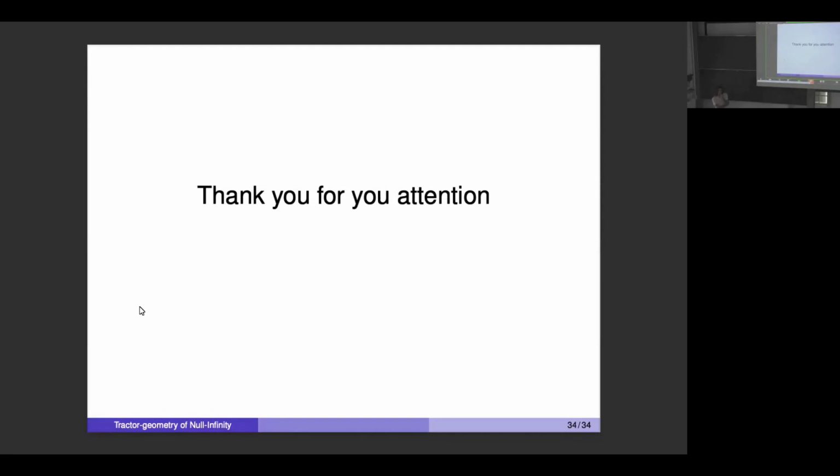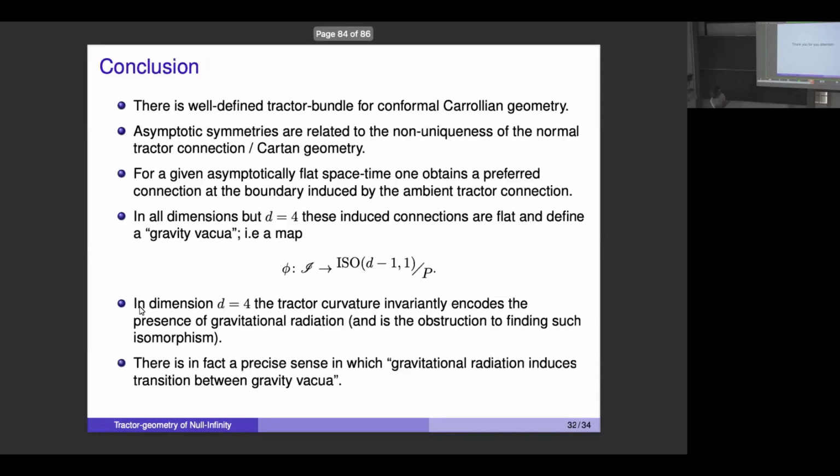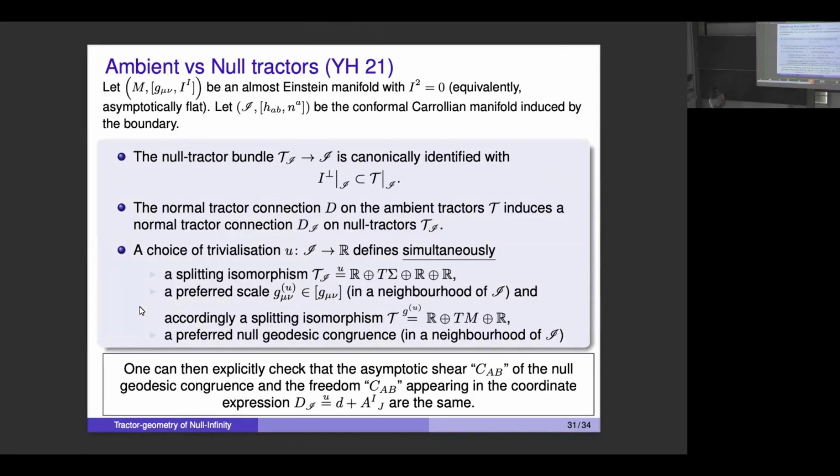So, again, page 31, when you were saying how you end up with a null geodesic congruence, are you saying that this C_AB that you put here, maybe I understood incorrectly, is making it shear free, or did you relate that normalization to being shear free or no? No. What I'm saying is that any time you pick a foliation u out of your conformal boundary, it defines for you uniquely a null geodesic congruence in your spacetime. What people now call C_AB is the asymptotic shear of this null geodesic congruence.